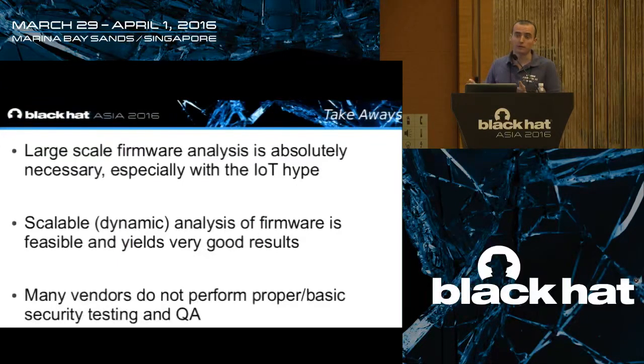And we also conclude personally that many vendors do not perform proper or basic security testing and QA, because just by running off-the-shelf non-commercial tools in a very automated environment you can find easy, serious vulnerabilities, and we don't understand why they don't do this.